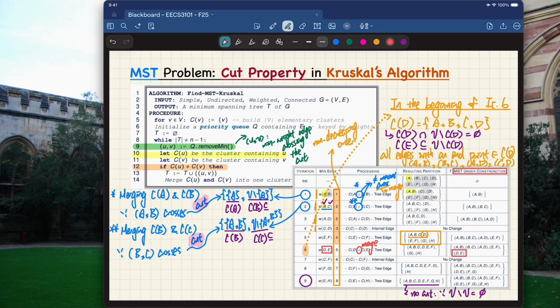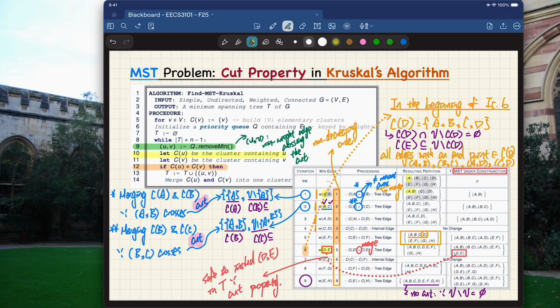And we can do this because of the cut property. We are able to just add this into the set we're maintaining. So this one here, safe to include DE in T because of the cut property. All right, it is very important for you to see that.